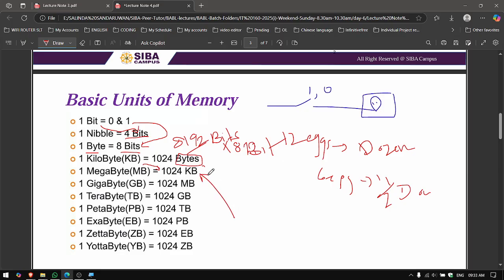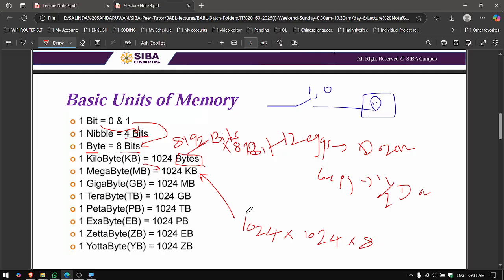Here 1025 kilobytes. So first we should convert kilobytes to bytes. So how to convert kilobytes to bytes? 1025 kilobytes to bytes, then how to convert it to bits? Again multiply it by 8.